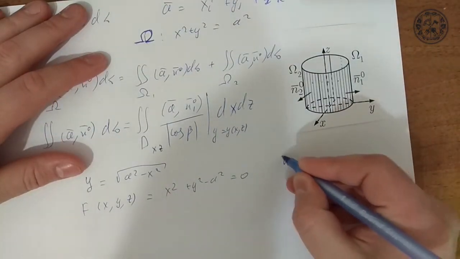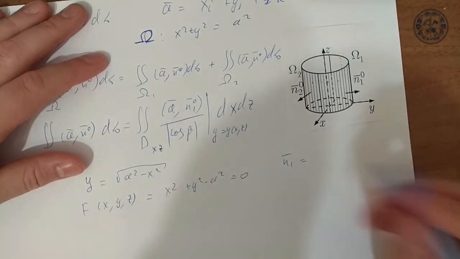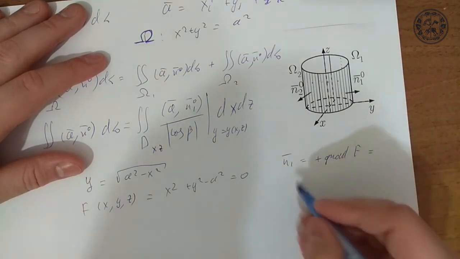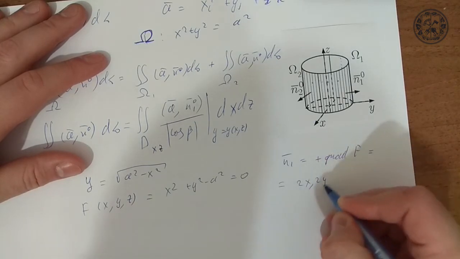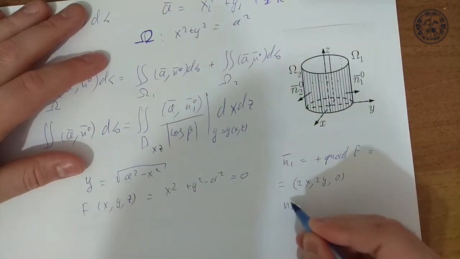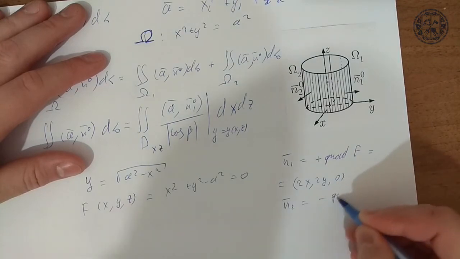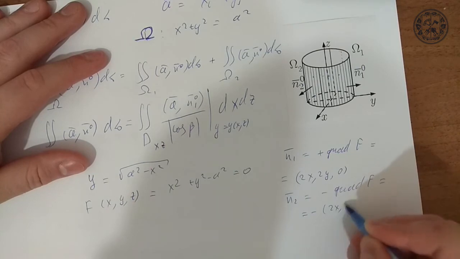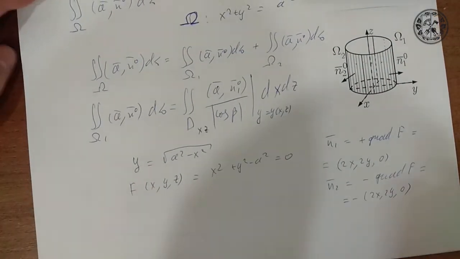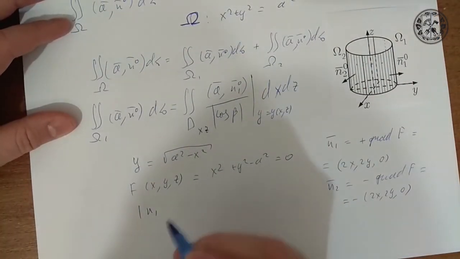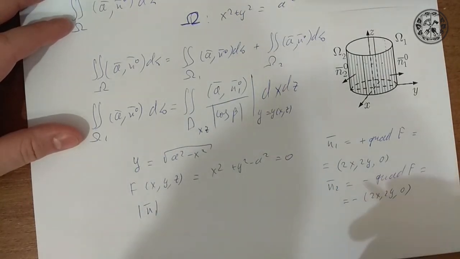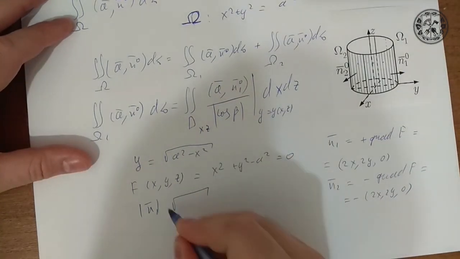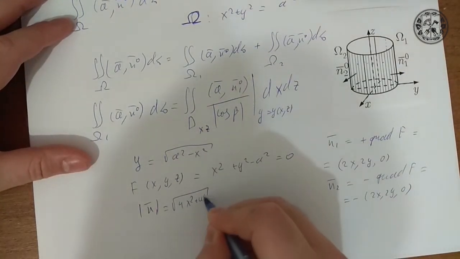So n1 will be plus gradient f, or 2x, 2y, 0. n2 will be minus gradient f, which is minus 2x, 2y, 0. Now the absolute value of n1 will be the same as the absolute value of n2 and will be square root of 4x squared plus 4y squared.